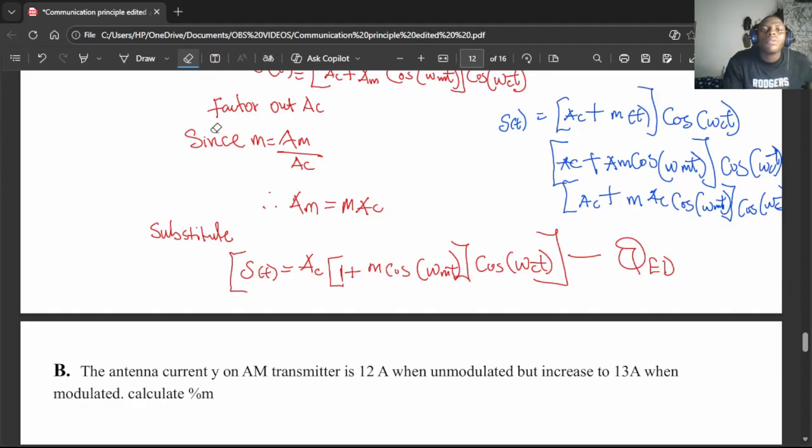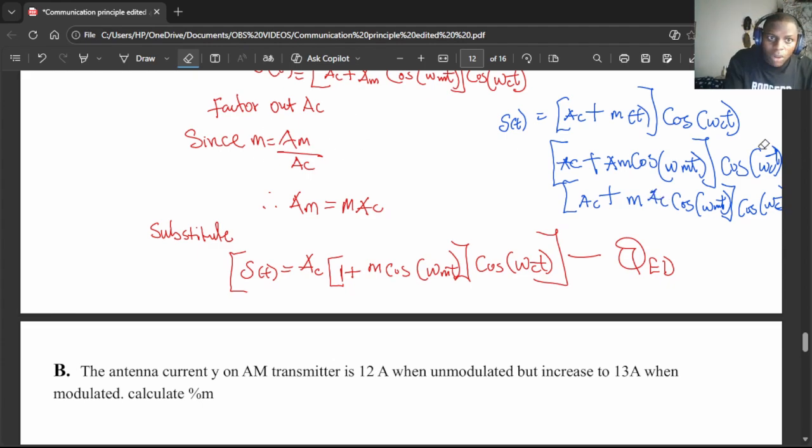From what we have here, we've already replaced your parameters in this equation, right? Now, look at what you have here. You have common terms, Ac and Ac. That simply tells you to take your common terms out.